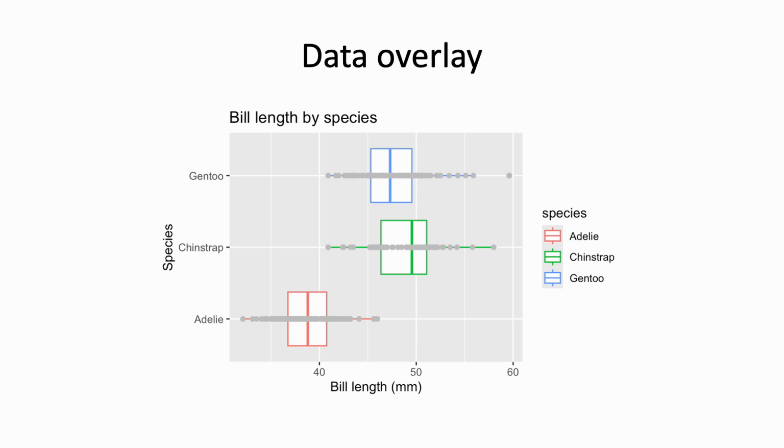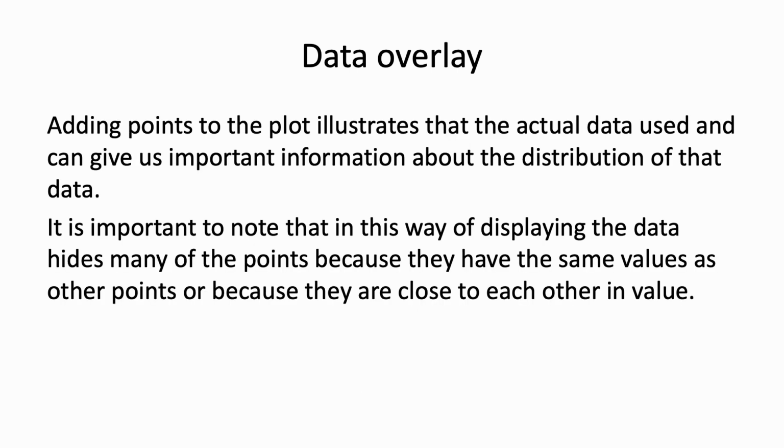For example, we can see how the points within the whiskers are distributed. We can also add points to the plot to illustrate the actual data used, and this can be a useful way of understanding what's happening with the data.